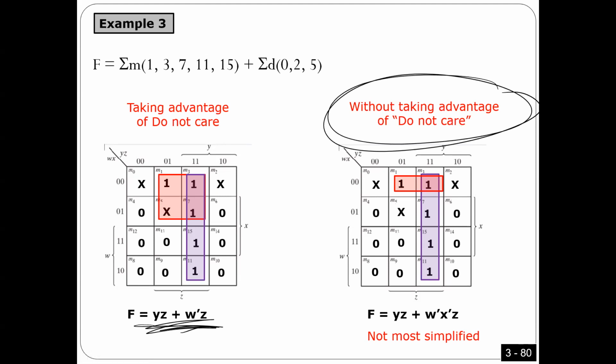Instead of creating a group of 4, if I don't consider don't care here, I'm going to make a group of 2. By this way, instead of having a term that has 2 variables, I'm going to have a term of 3 variables. So don't care can help you, number 1, to reduce the number of groups, or also can help you to make groups bigger. Yes.